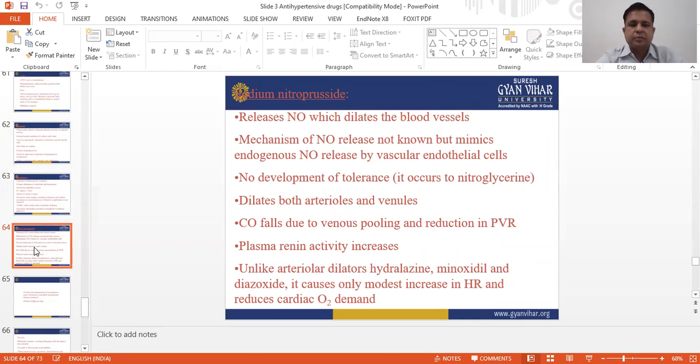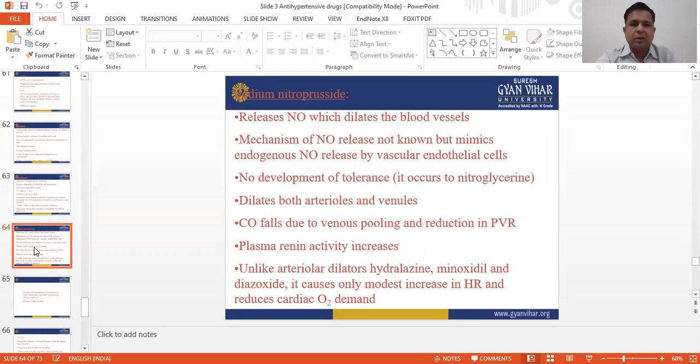Sodium nitroprusside releases nitric oxide, which dilates the blood vessels. The mechanism of nitric oxide release is not known, but it mimics endogenous nitric oxide release by vascular endothelial cells.